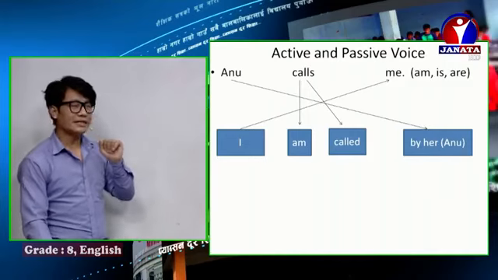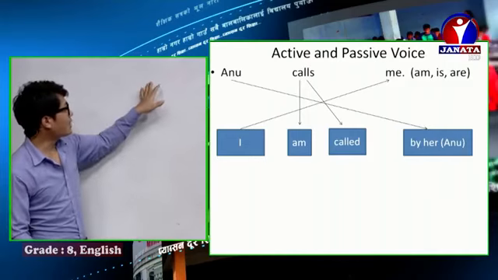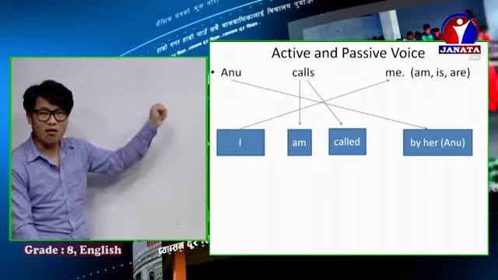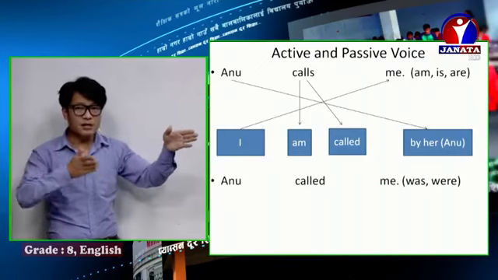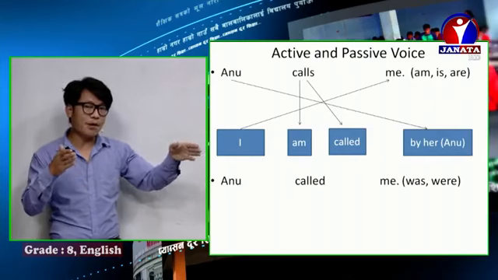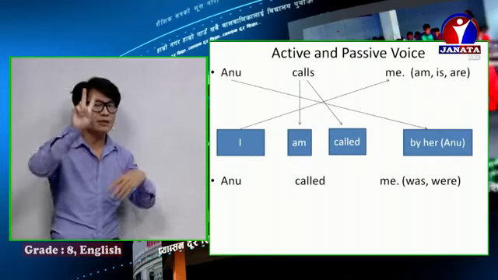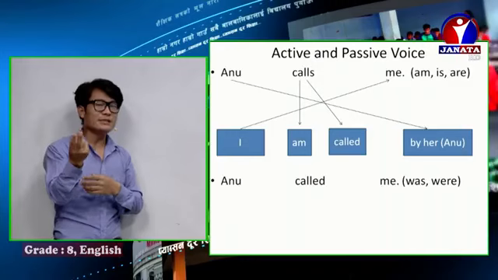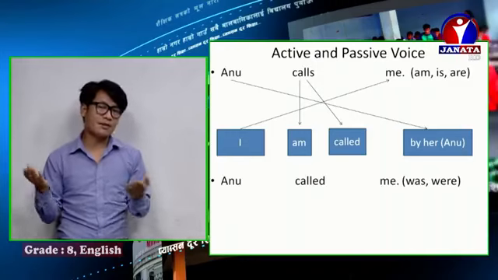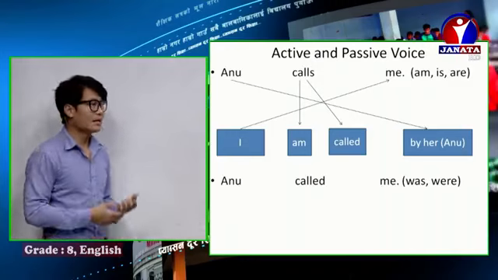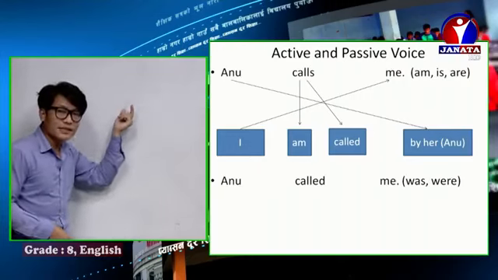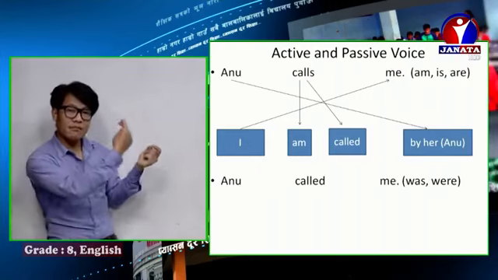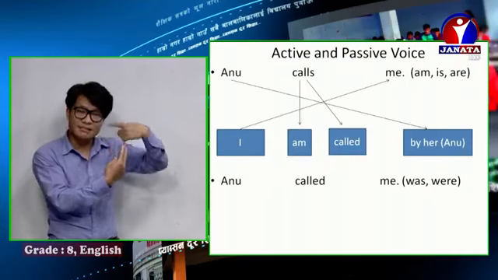Now the question is, what if there is verb 2 in the place of calls? Like "Anu called me." This is simple past because there is verb 2. What are the be verbs of simple past? We know that they are was and were. What is the subject? Anu. What is the main verb? Verb 2. That's why this is simple past.